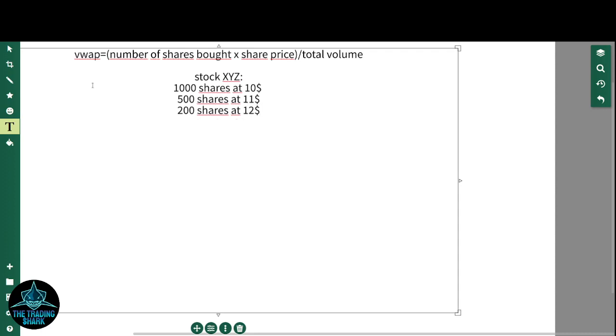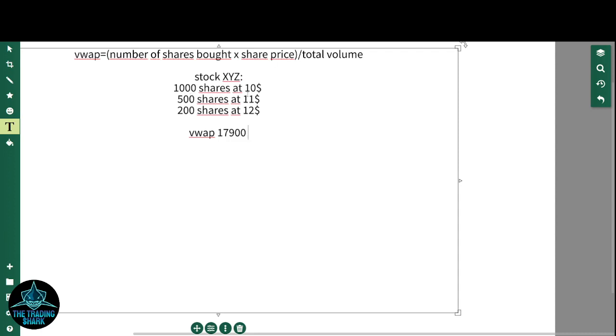So the VWAP would be, well, it's 1,000 multiplied by 10, then like we've said here, number of shares bought multiplied by share price.